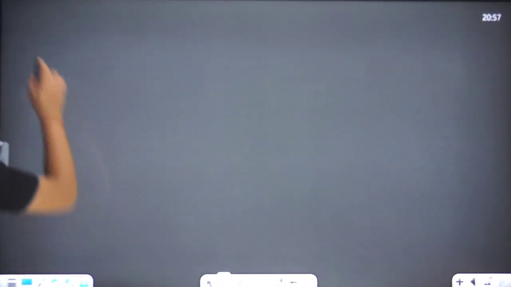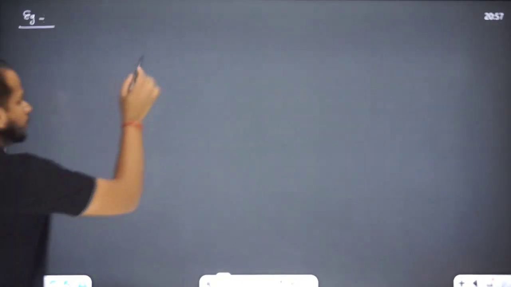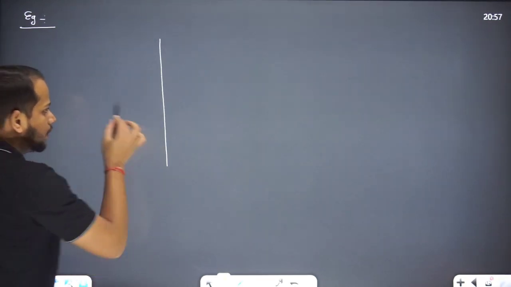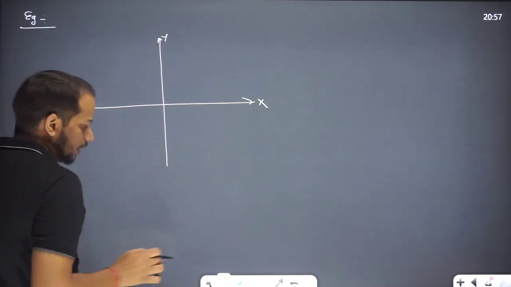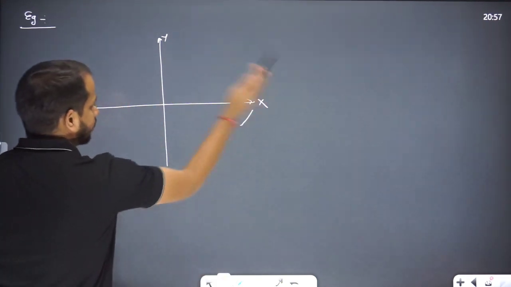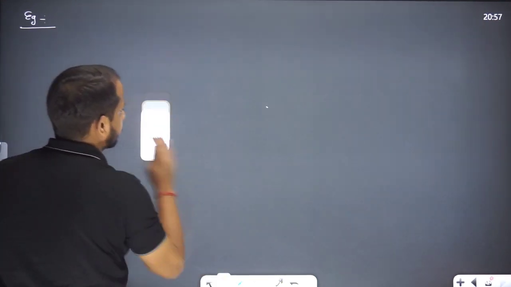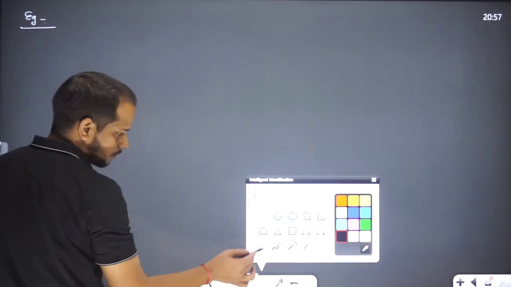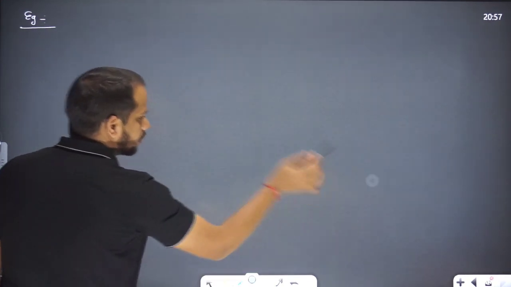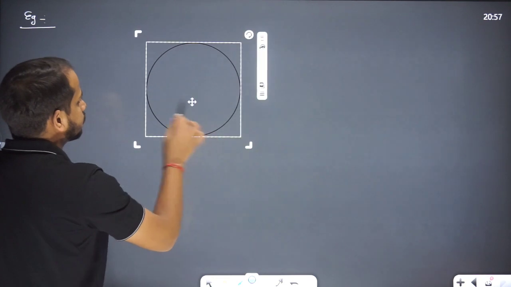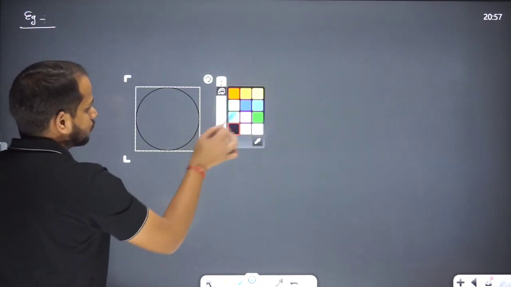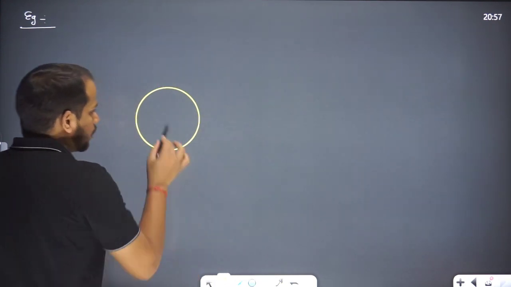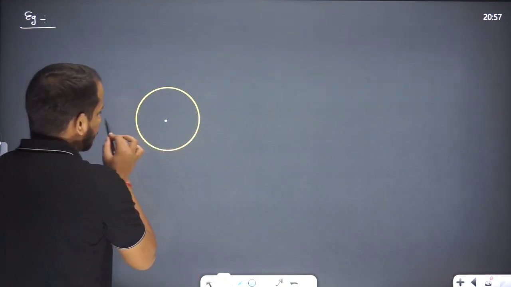If I am saying this is a surface we have now, let's see here. This is the x-axis and this is the y-axis. I have to draw it like this. Okay, so this is a sphere we have, right?